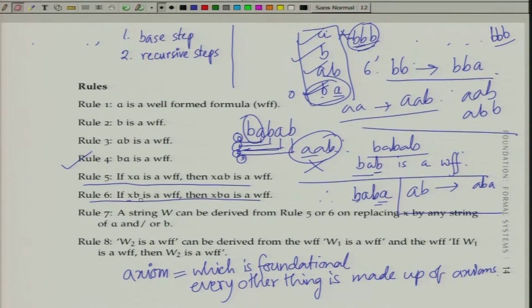And how is it recursive? You see, recursion, as I said, is defined in terms of the given. In our case, the given are A, B, AB and BA. So these are the 0 steps, and then the recursive step. At every level we saw that, at the level of step 3, we have used something that was generated in step 2.